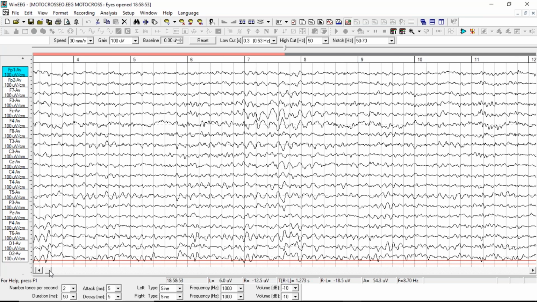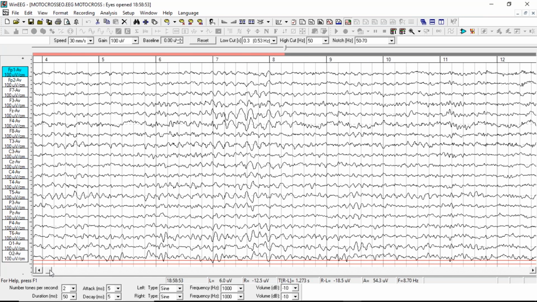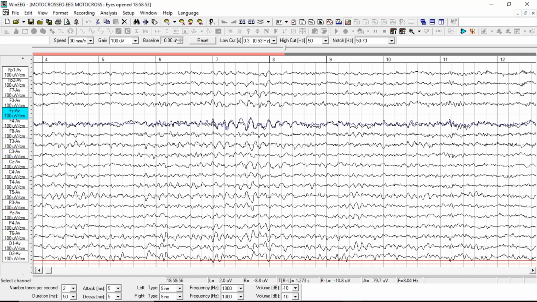Now, going to the element that I told you about, I want to begin with that because it's really important. At FZ, the midline, we have some slow brainwave activity in the theta range and the alpha range, which is really affecting the athlete. If you notice, there's a field and phase to F4, not so much to F3, but F4.